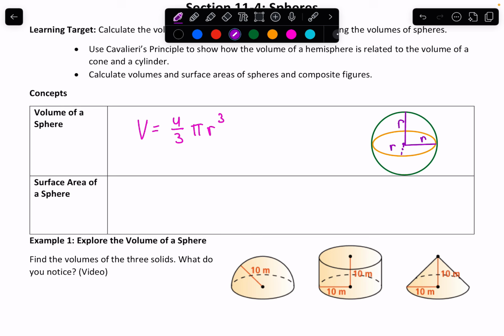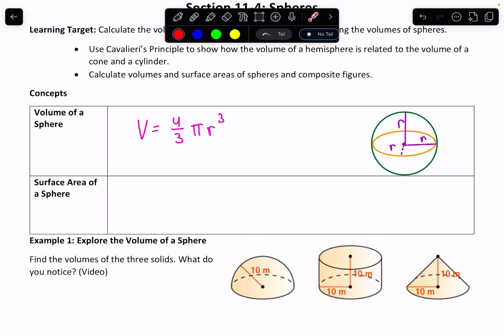So to get 3 dimensions, we really are doing length times width times height when we do radius times radius times radius. That's why we've got 3 of them. We don't have a different dimension to use in our formula. We only have the radius going from that center point to everywhere in the circle, right?